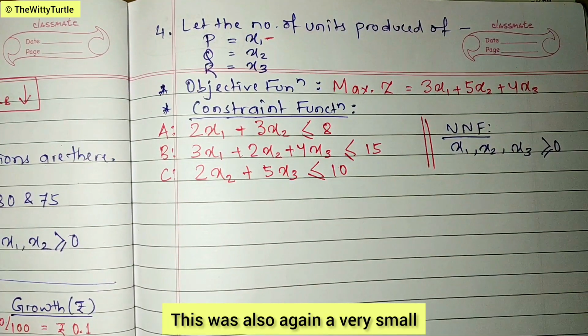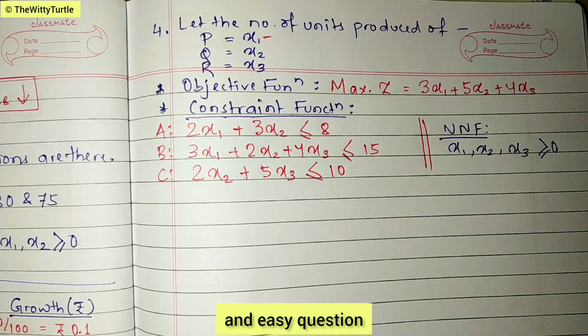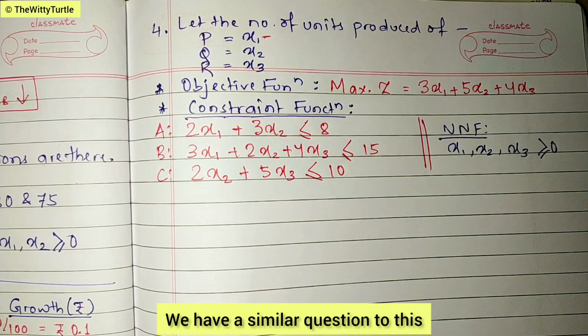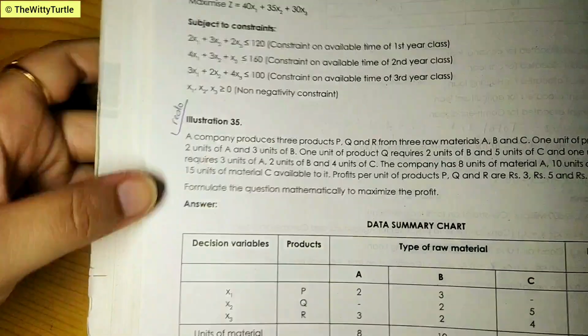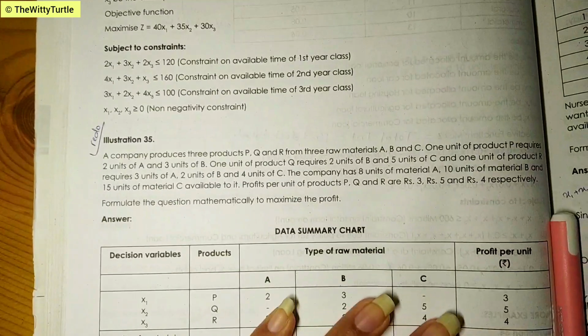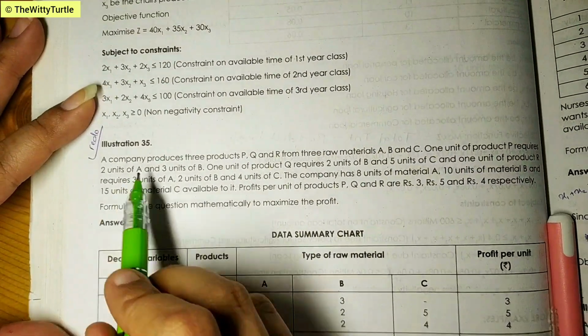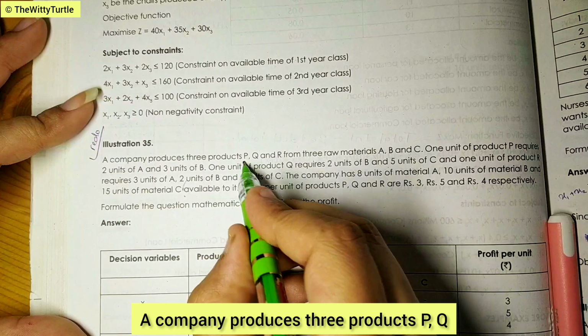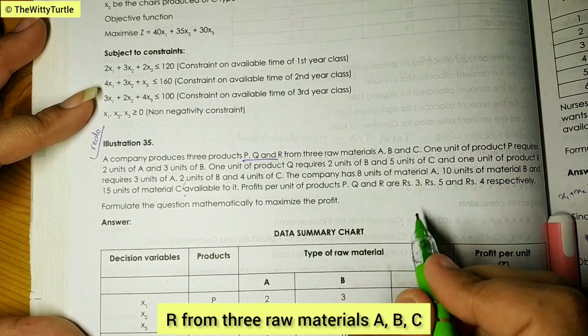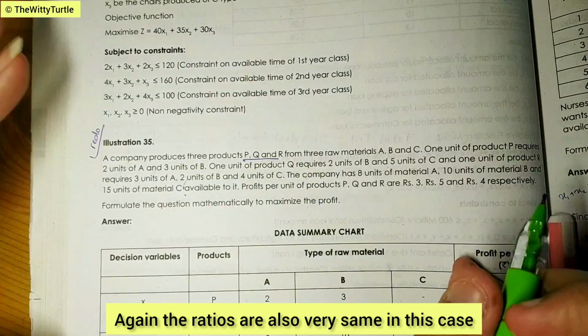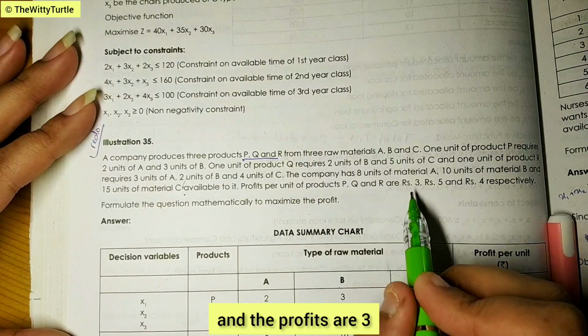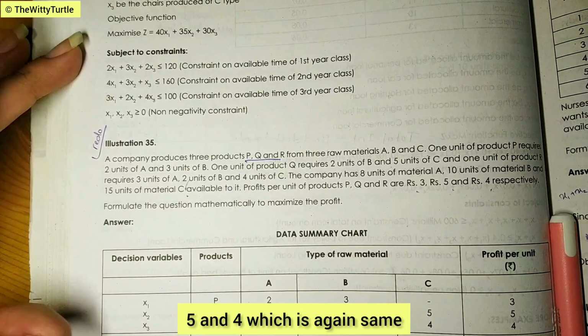This was also again a very small and easy question. We have a similar question to this. So that question will be homework to you. So that question is this. A company produces 3 products P, Q, R from 3 raw materials A, B, C. Again, the ratios are also very same in this case, and the profits are 3, 5 and 4, which is again same.